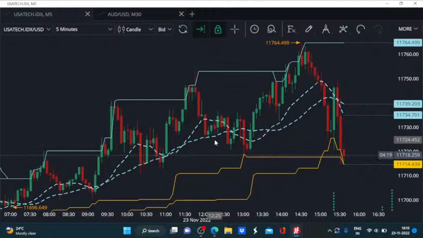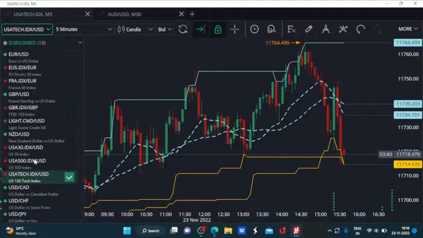So whenever the turnaround will happen, whenever we have some correction and consolidation in place, and we feel that now is the time for the resumption of the upward momentum in these equity indices, then I think it would be a good idea to prefer Nasdaq for taking a new trade on the upper side. And if in the latter half of the day we don't see any signs of revival, then I think Dow Jones Industrial Average should be preferred for any short sale trading opportunities.